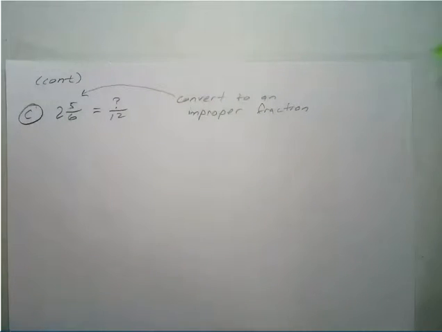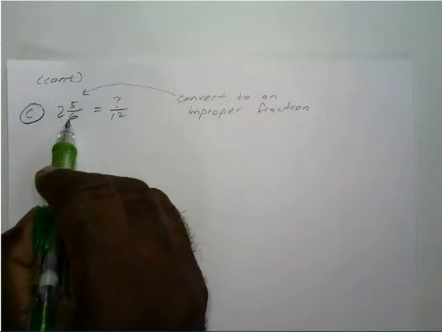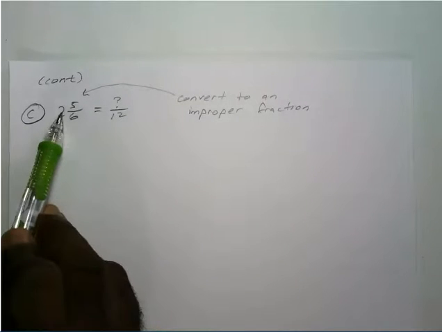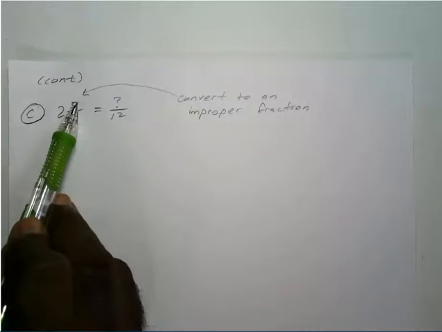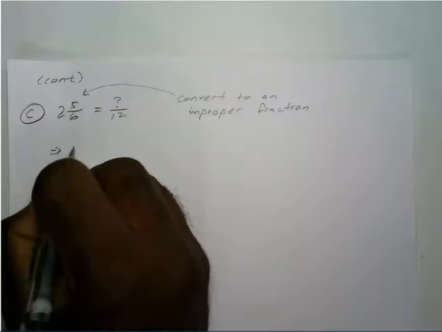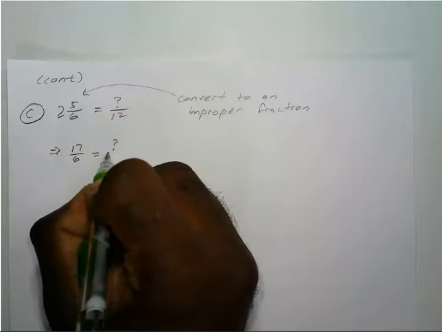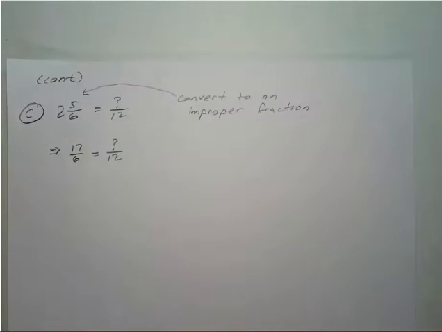Now to convert this to an improper fraction, you have 6 times 2, which is 12, plus 5, which is 17. So I have 17 over 6 is equal to some unknown over 12.